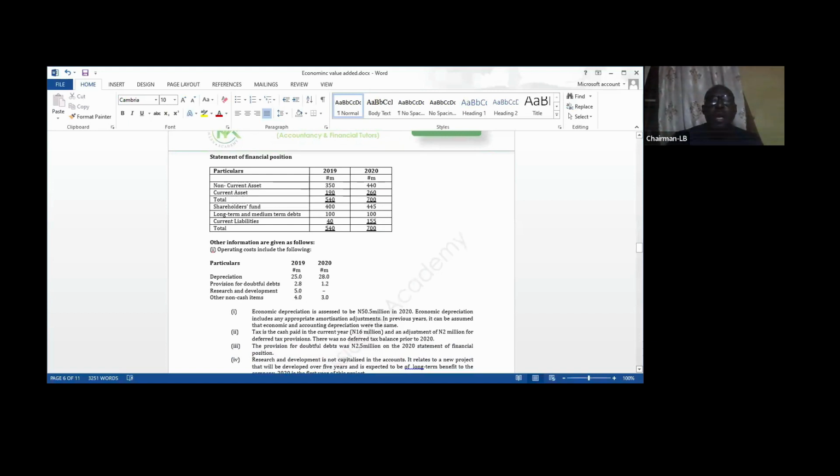So, include appropriate amortization adjustments. In previous years, it is assumed that economic depreciation and accounting depreciation were the same. They are not the same.